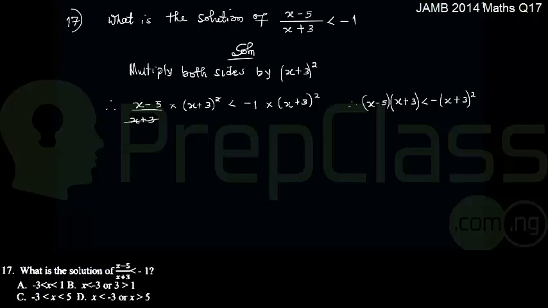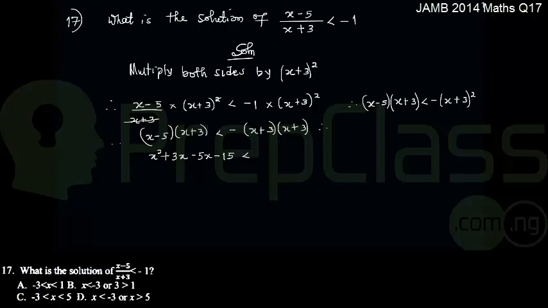Now let's expand the terms. Expanding the terms, I would have (x minus 5) into bracket (x plus 3) less than minus into bracket (x plus 3) into bracket (x plus 3), because I have a square here, and the minus sign will just be in front of one bracket only. Now expanding that, x times x gives x squared, x times plus 3 is plus 3x, minus 5 times x is minus 5x, minus 5 times plus 3 is minus 15.